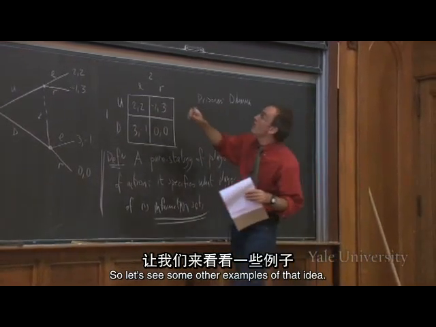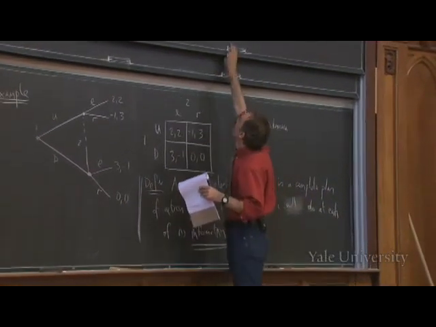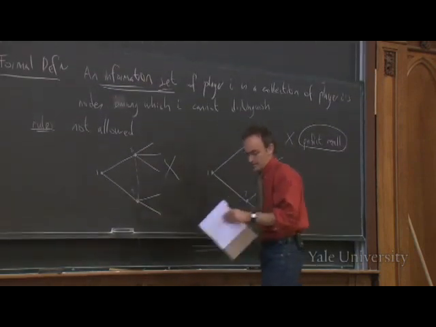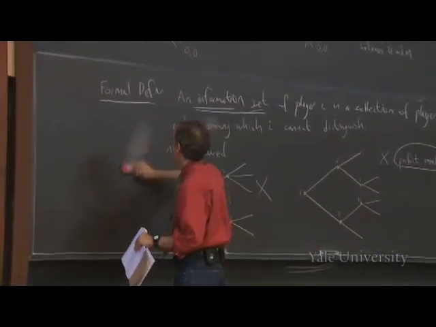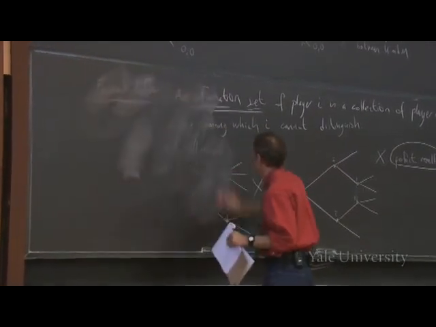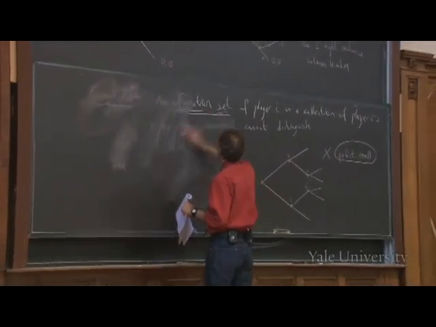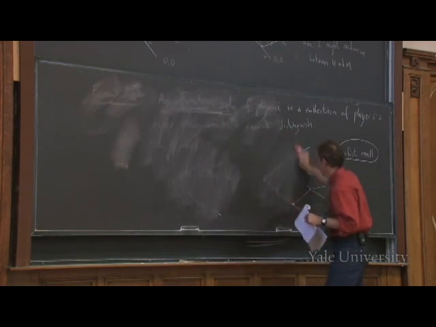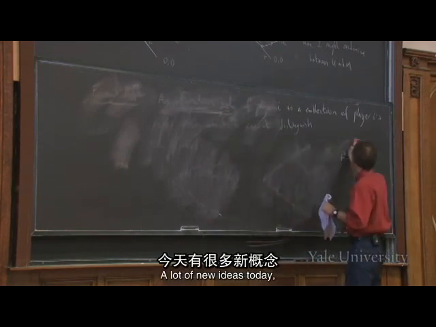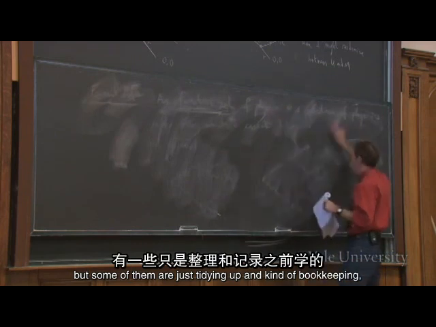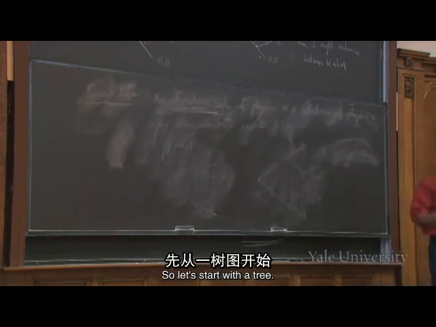So let's see some other examples of that idea. A lot of new ideas today, but some of them are just tidying up and bookkeeping, and some of them are more interesting.